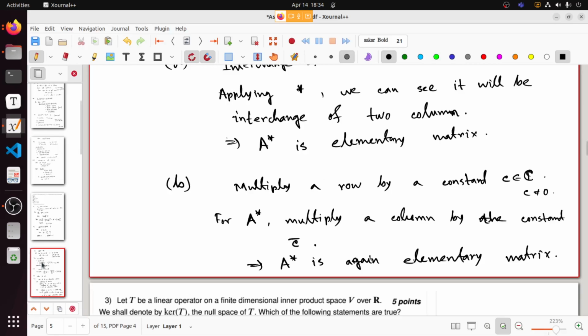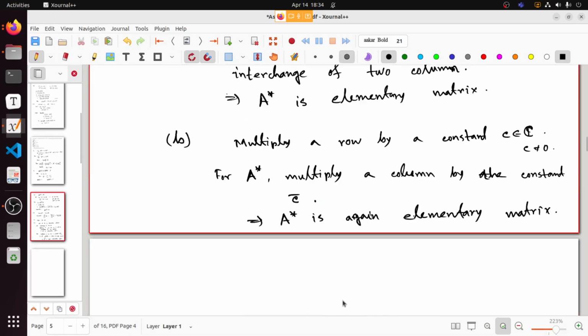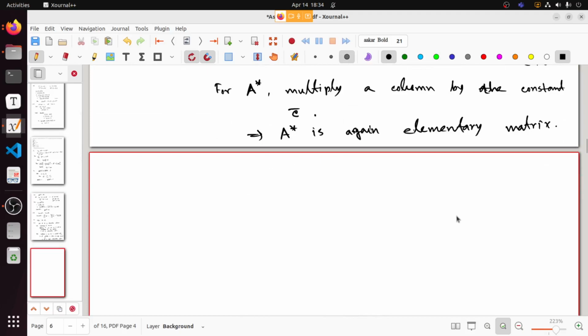So for the first two types we have done, and what is the third type of elementary matrices? It is multiplying a row by a constant and adding it to another row.